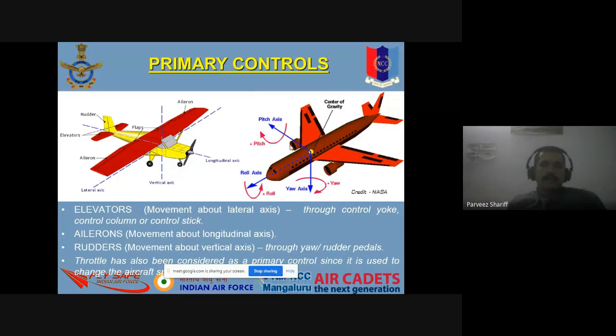And yawing is about a vertical line. If you draw from bottom to top, the aircraft can yaw, meaning it points in a direction in terms of true magnetic north. We can also call it the heading. So it can point at any heading, and that action we call yawing.